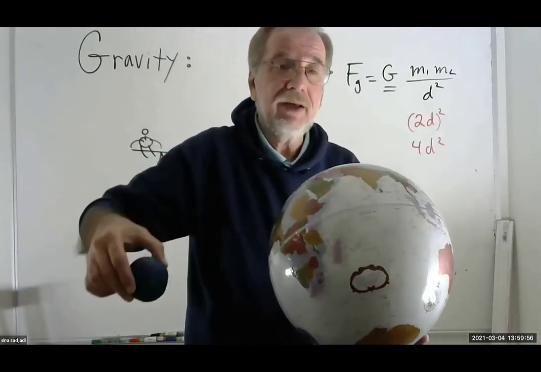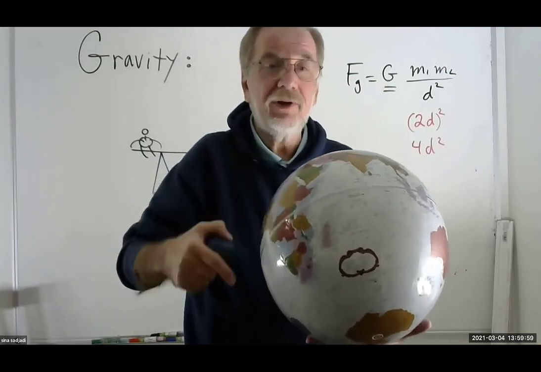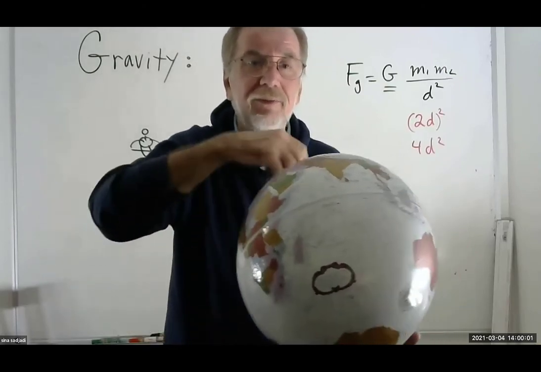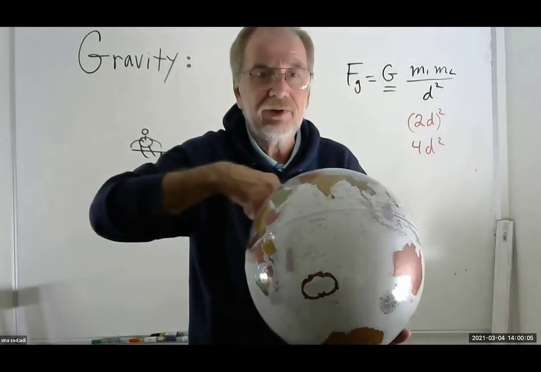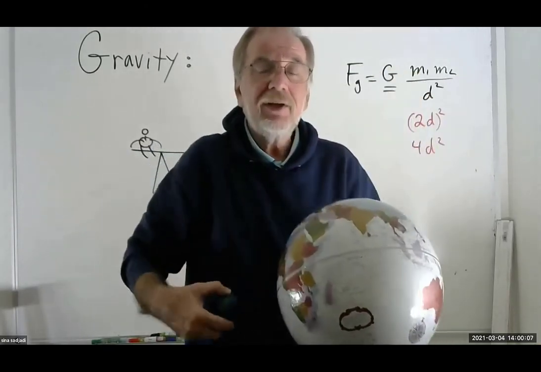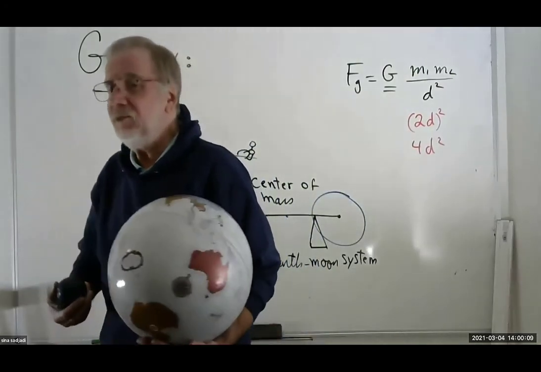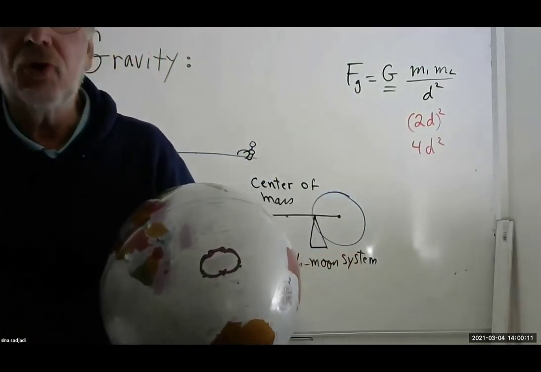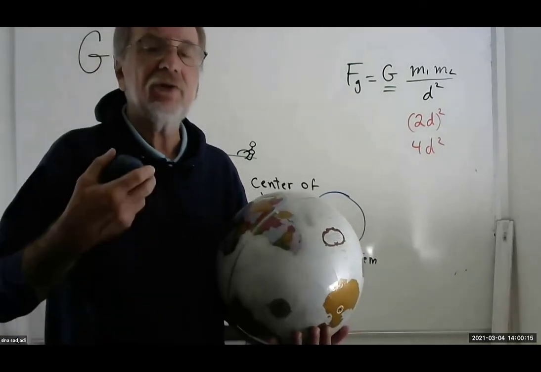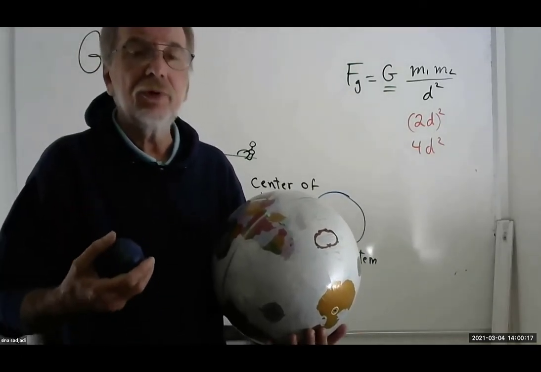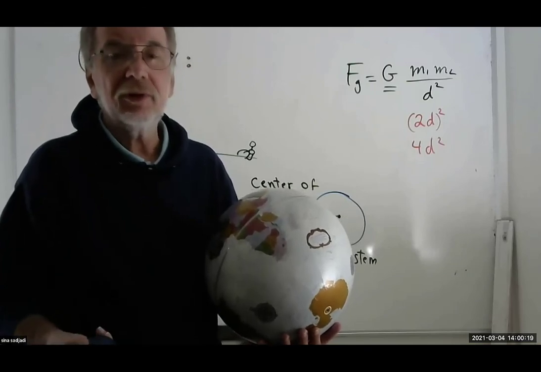And not only that, the Earth itself also goes around the center of mass. So in essence, next time you say the Moon orbits the Earth, you can say the Moon orbits the center of mass of the Earth-Moon system.